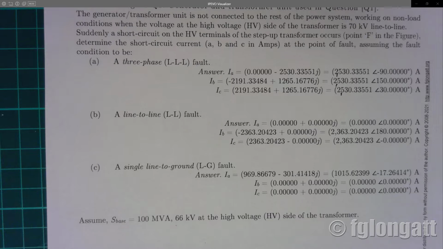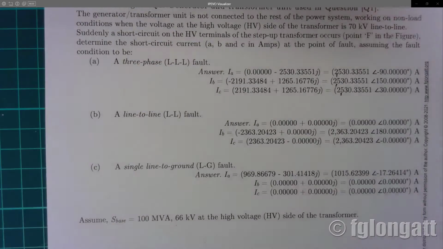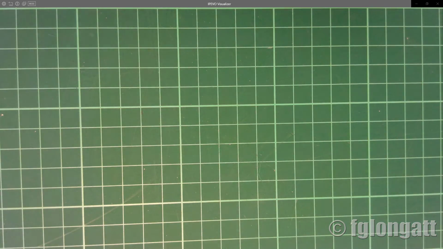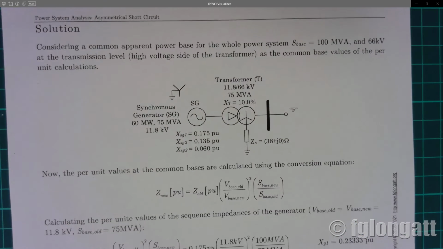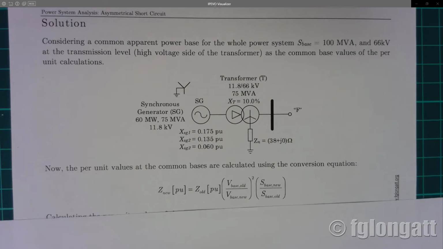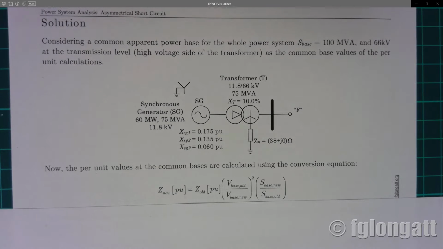Well, it's time to solve this very interesting question. What is the first step? The first step is extremely simple, because what we need to do is convert all the per unit values into the common bases that we are asked for.